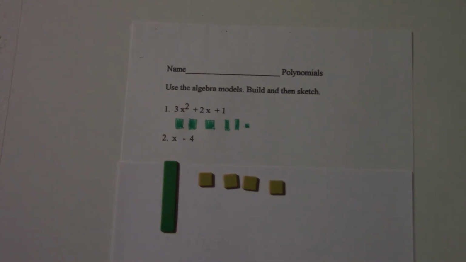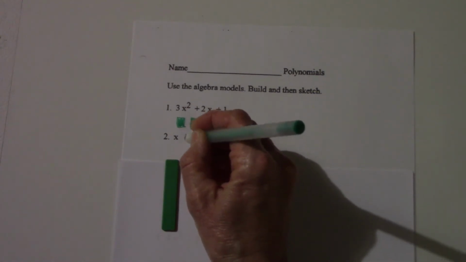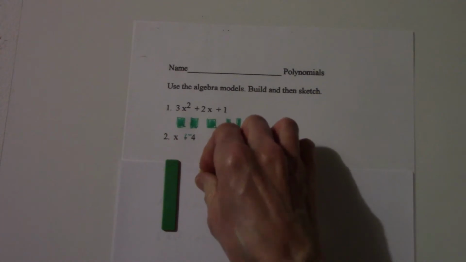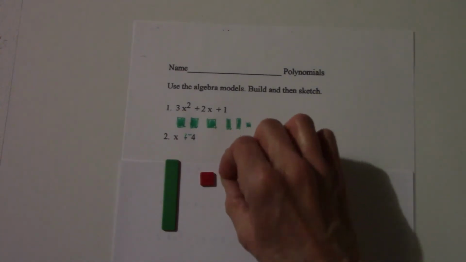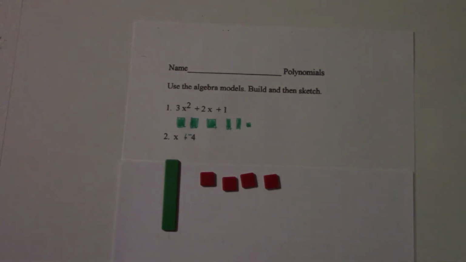So all I can do is, instead of subtracting, I can change this to x plus a -4, and what that does is it changes these from the +4 to -4. And the reason why I want to have it as addition instead of subtraction is because it's going to allow me to use the commutative property, in other words, to change the order of the add-ins as I work.